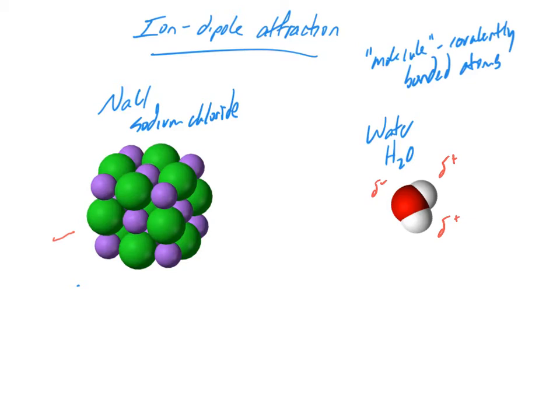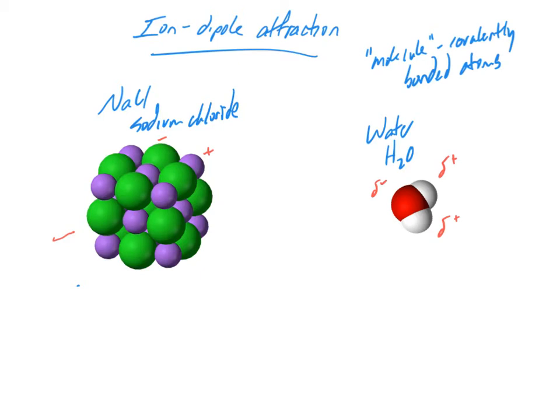And for sodium chloride, the smaller purple ions here are positively charged sodiums, and the larger green ions are the negative chloride ions. Going back to atomic structure, if an atom has an electron taken away, like in sodium, the size of that atom decreases.